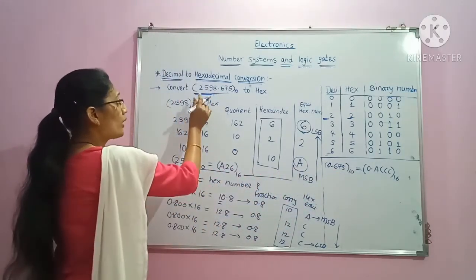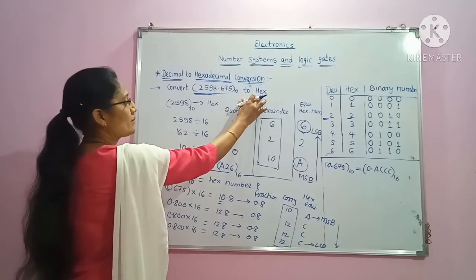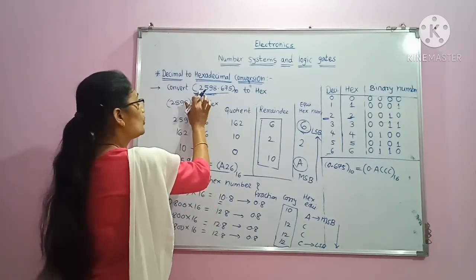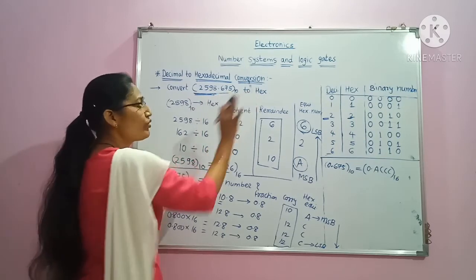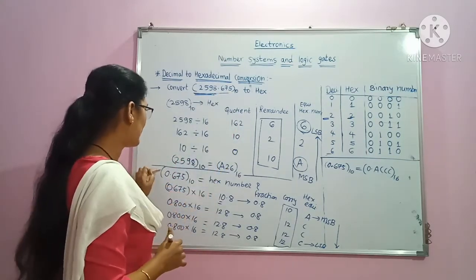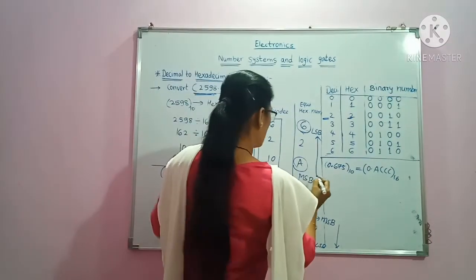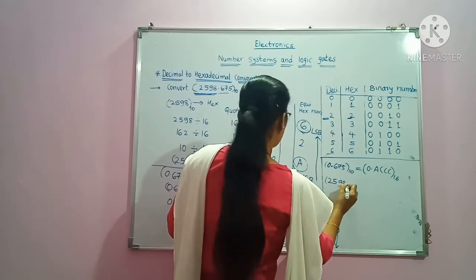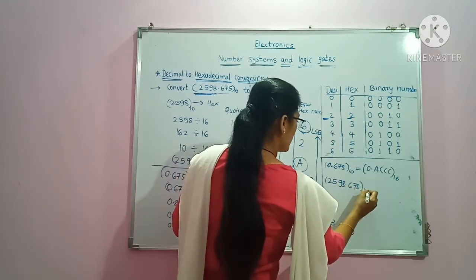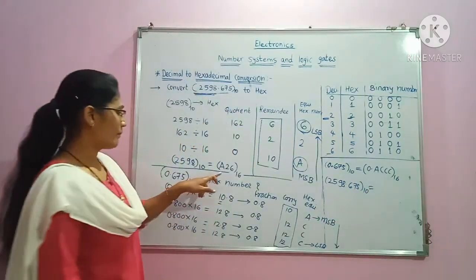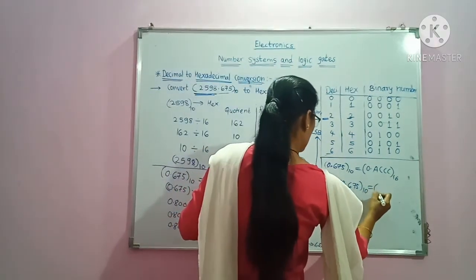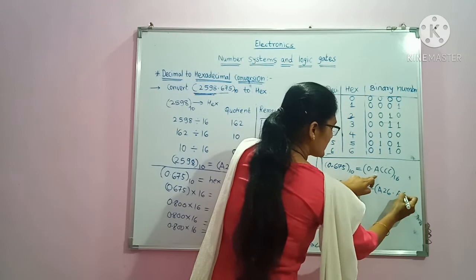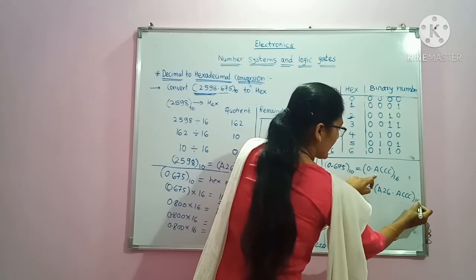But my question is not to convert 2598 to hex number or 0.675 to hex number. My question is to convert 2598.675 to hex number. So what will be my final answer? My final answer for the question will be: 2598.675 in decimal will represent, my first part is A26 and my second part is point ACCC in hex number.